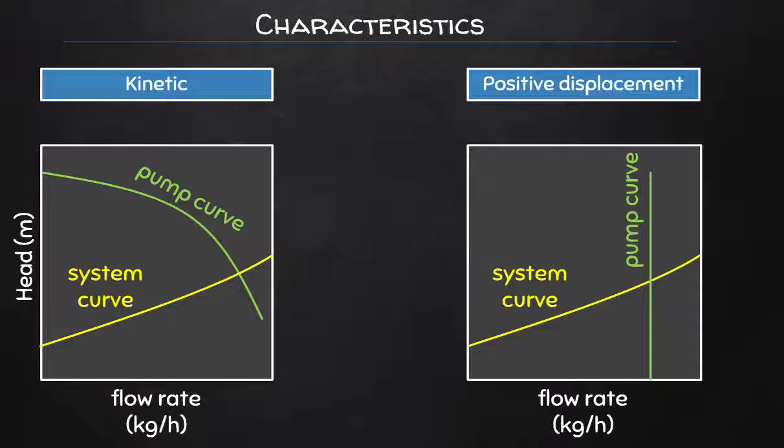In the case of a positive displacement fluid mover, a flow rate is usually selected based on the frequency of motion of the pulsation. So you can think of this as a drive, kind of like what happens in a car.